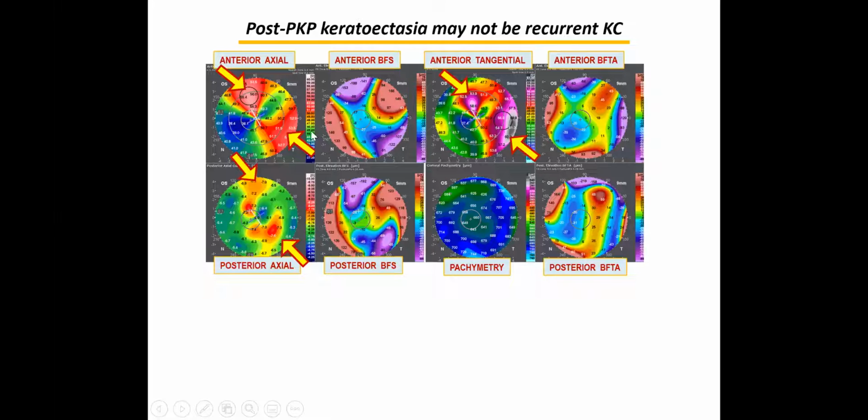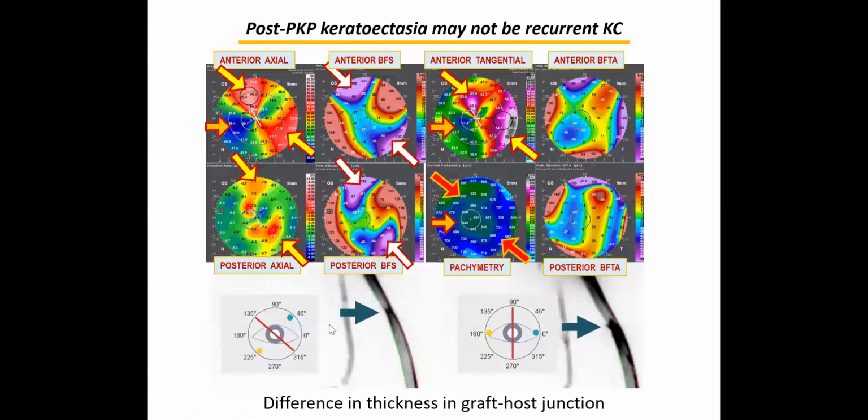So with the complete analysis of the cornea, and not depending only on the anterior curvature maps, we can discover that this happens when we have a step in the scar, the host and the graft junction. And this is exactly what happened in these cases.